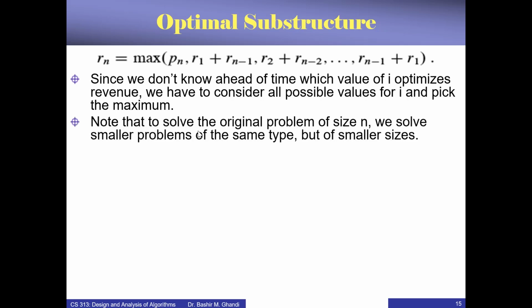Okay, now we note that to solve a problem of size n, we solve a problem of size less than n. See here, for Rn, we are computing R1, Rn minus 1, and so on. None of these R's is up to n. What does that mean?